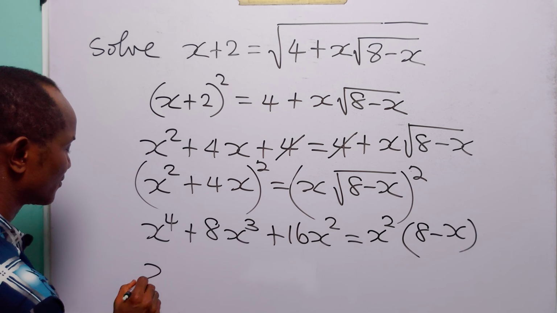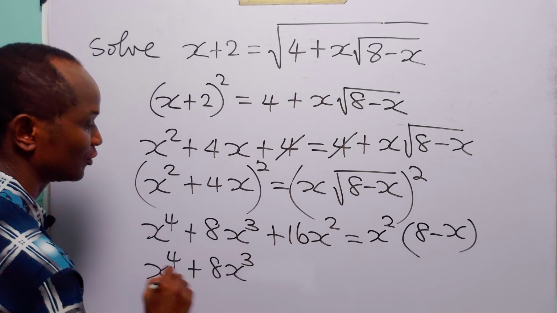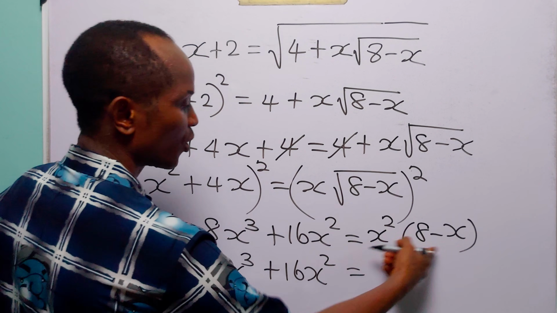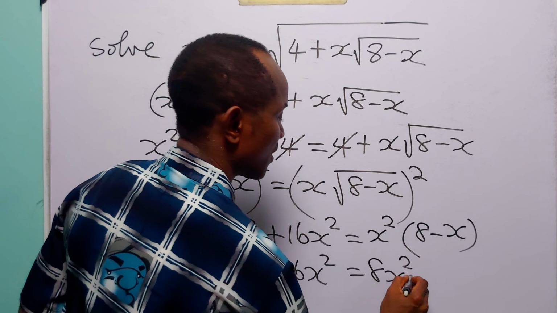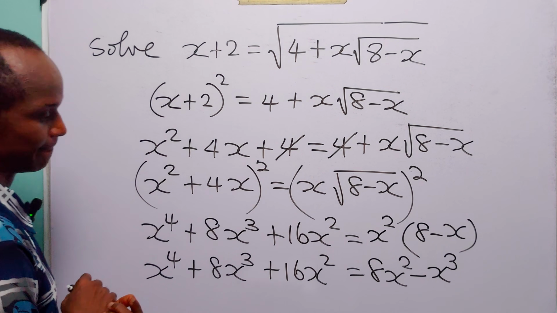Now, from here, we have x⁴ + 8x³ + 16x² is equal to, opening this bracket, we have 8x², then minus x³.